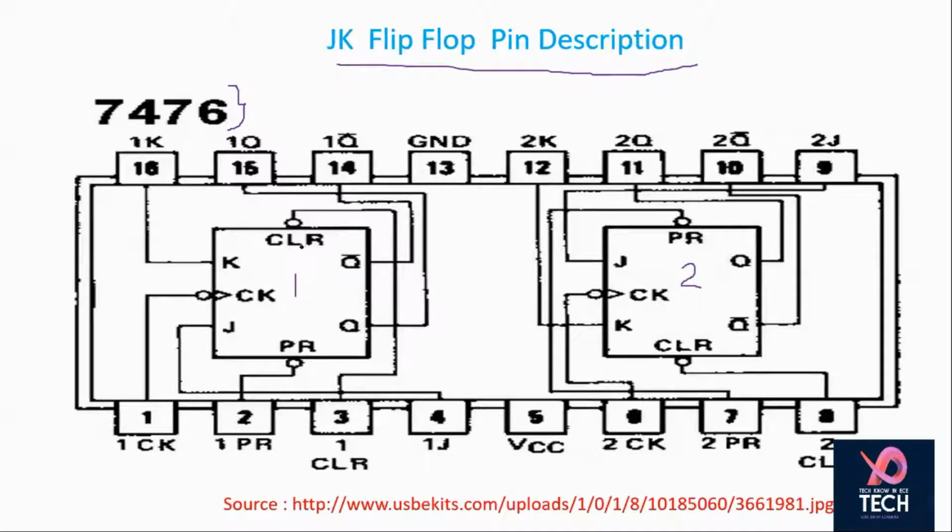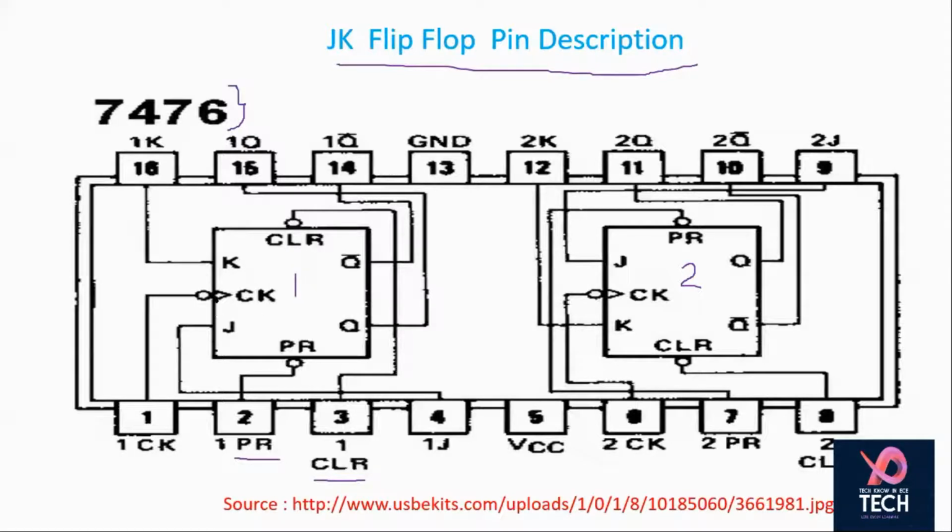Again, it has two pins, preset and clear. The purpose of preset and clear was discussed in the previous flip-flop, but now they are active high. That means when preset is 1, it will preset your flip-flop, and when clear is 1, it will clear the contents of the flip-flop.